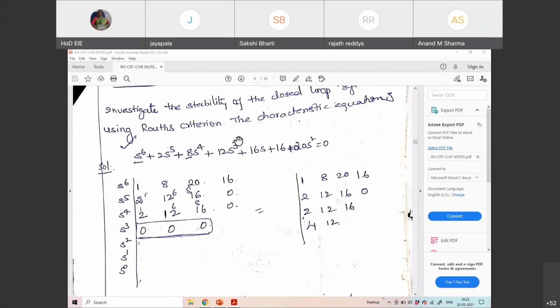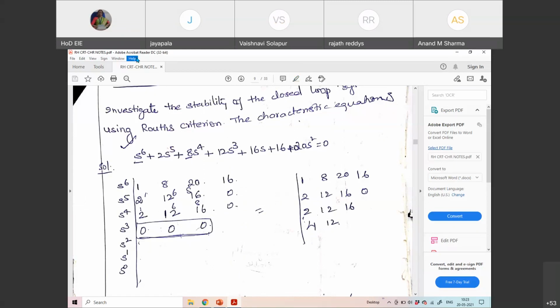Correct? So can anyone tell me what is the characteristic equation? Sorry, auxiliary equation. 2s to the power of 4 plus 12s square plus 16s to the power of 0. Wonderful. So what is the auxiliary equation?